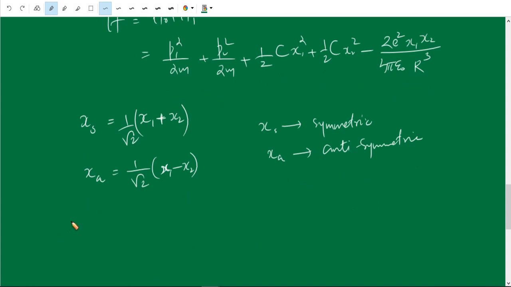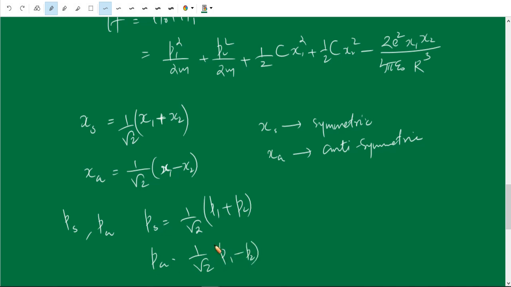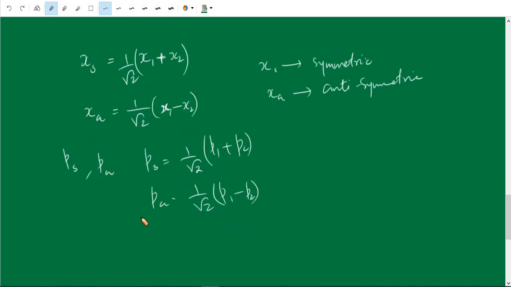The corresponding momenta are ps and pa. Here ps is equal to 1 by root 2 (p1 plus p2), and pa is equal to 1 by root 2 (p1 minus p2).